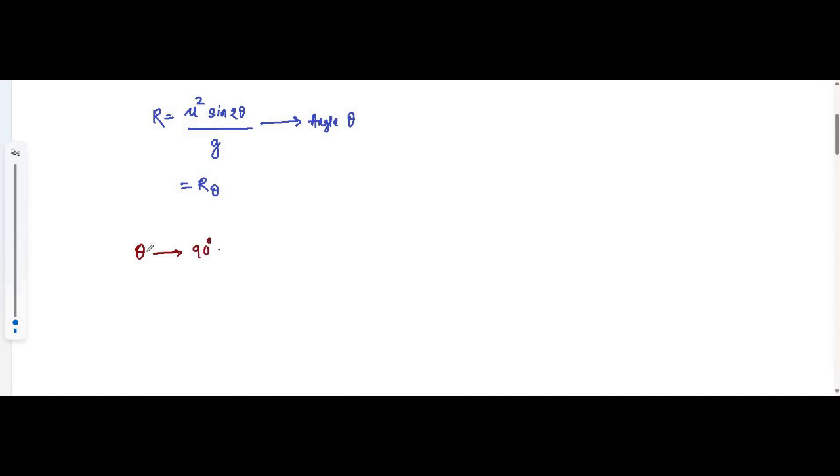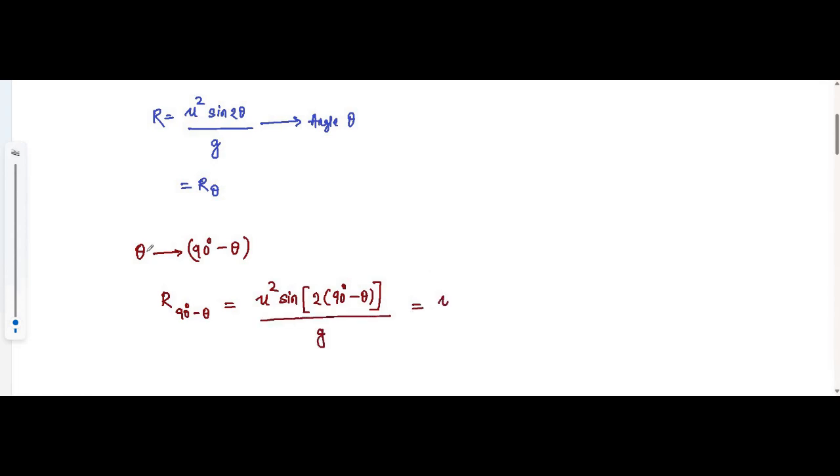Then the range will be R of 90 degree minus theta, which is equal to u square sine 2 into 90 degree minus theta by g, because we have replaced theta with 90 degree minus theta. This is the new projection angle.